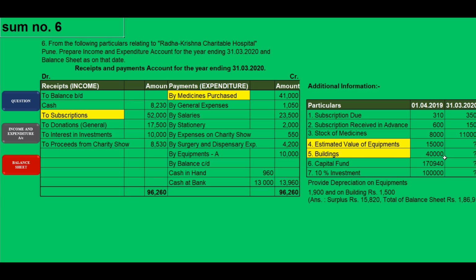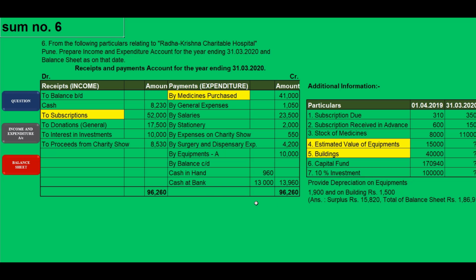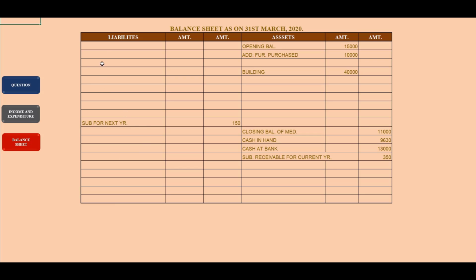Then building 40,000, and right here building 40,000. Capital fund 17,940.